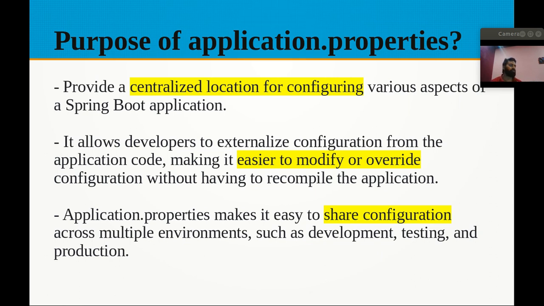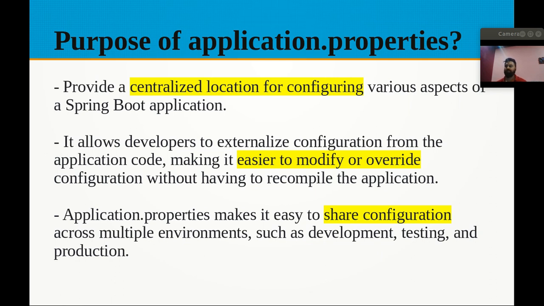It also gives the developer an easy way to define the properties, and an easy way to modify or override a property. Let's say in future you want to change the value of a property, then it is very easy to override the values of any property from the application.properties file, because we do not need to recompile the application again.